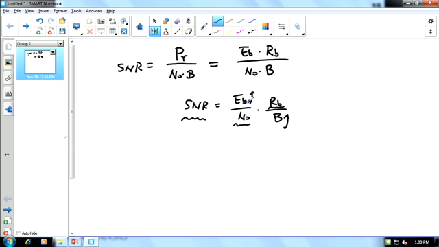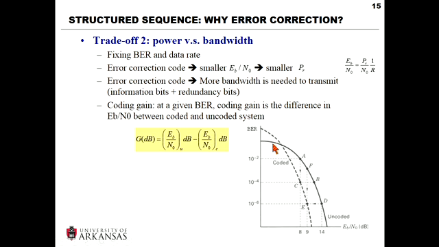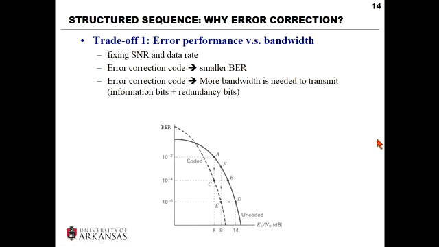If we look at the bit error rate curve, a bigger E_B over N naught gives a better error probability. That's the first trade-off between error performance and bandwidth: we are gaining error performance by sacrificing bandwidth.